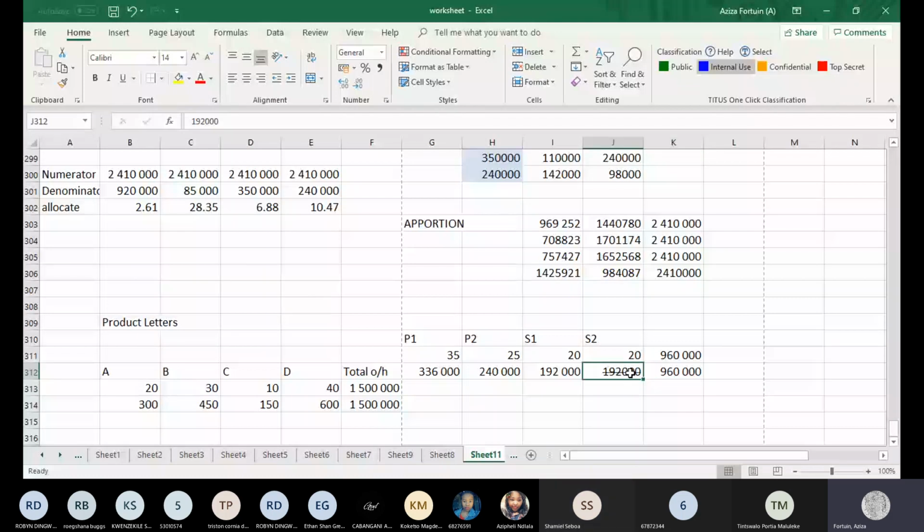So let's do it. That 192,000, I'm going to allocate to these departments here, P1, P2, and S1. But I must also be sure that I am cancelling out this 20%. So in actual fact, it is now 35 over 80, right?